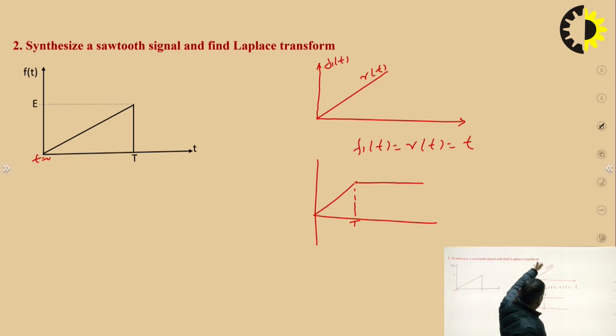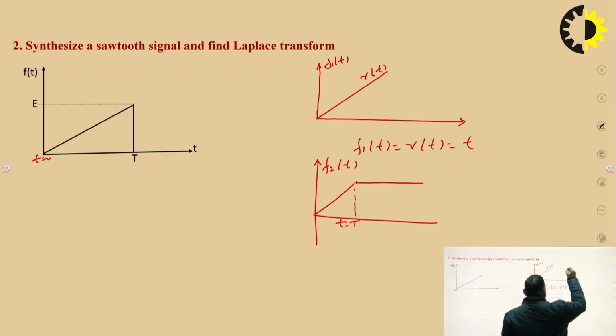So f1(t) increases linearly with time, whereas at t is equal to capital T the slope of f1(t) becomes 0, and then it continues with time t.